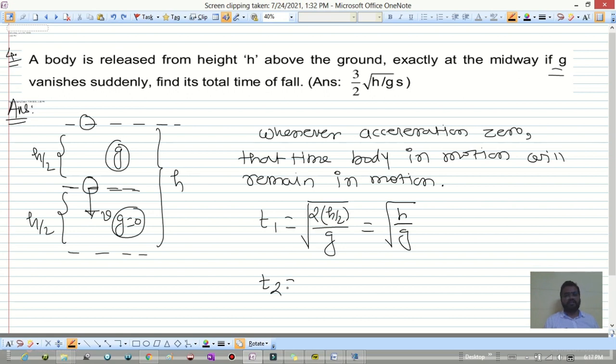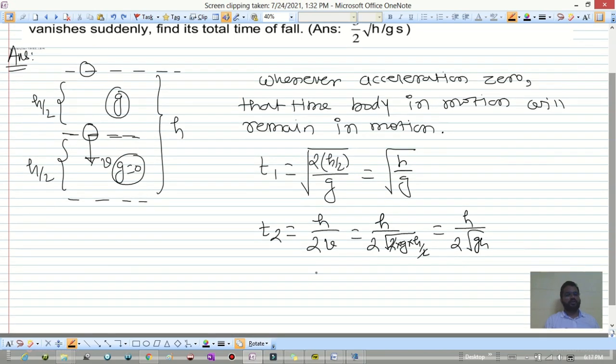Now how to find t2? t2 is the distance h by 2 divided by the speed. What is the speed? It is root of 2gh, with h being h by 2, so root of 2 into g into h by 2, the 2 gets cancelled, so root of gh. If you calculate time t2, we get 1 by 2 root of h divided by g.